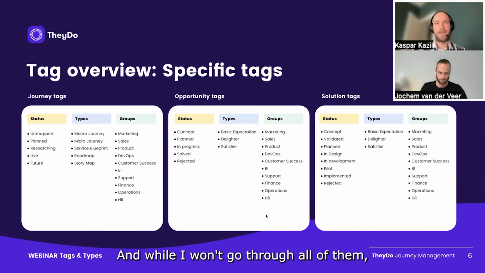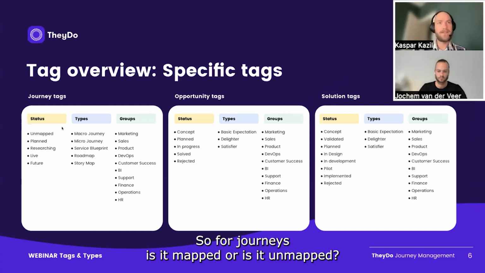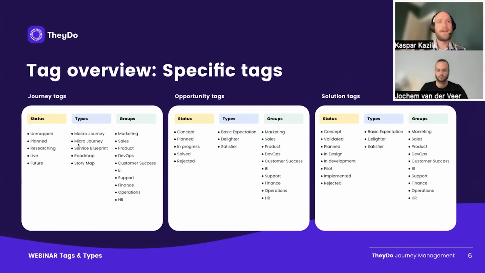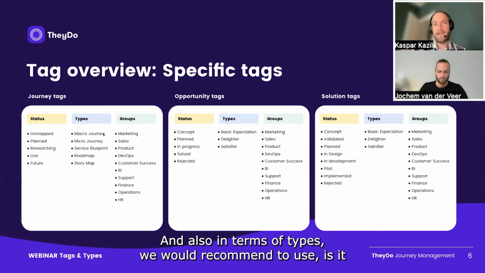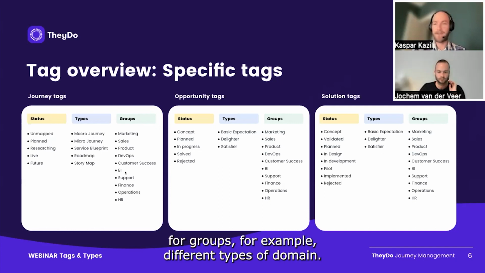I won't go through all of them, but you can see that they're pretty intuitive. For journeys, we have: is it mapped or unmapped? Is it in research, live, or maybe a future prototype journey? In terms of types, we would recommend using: is it a micro journey, a macro journey, or a service blueprint, for example? And for groups, different types of domains.